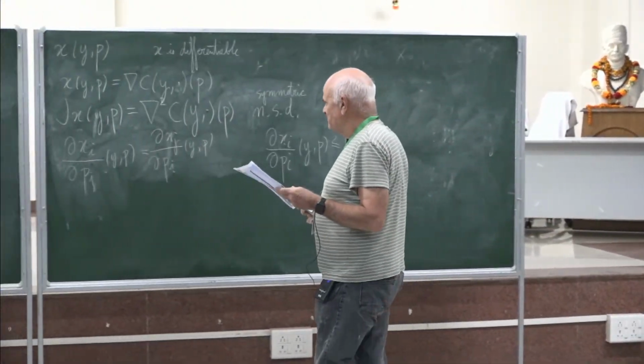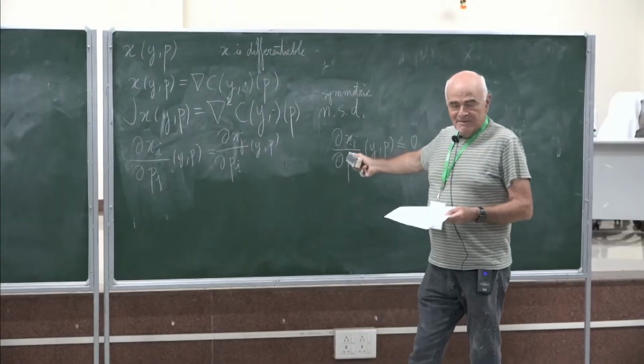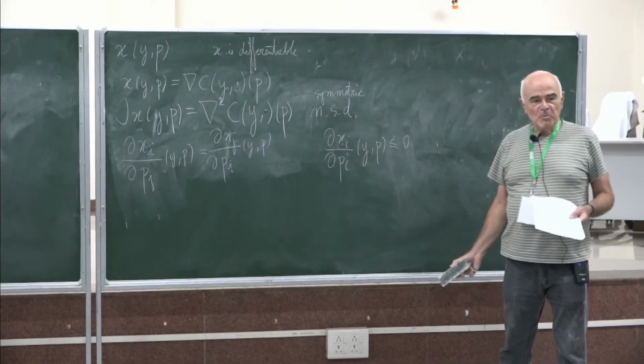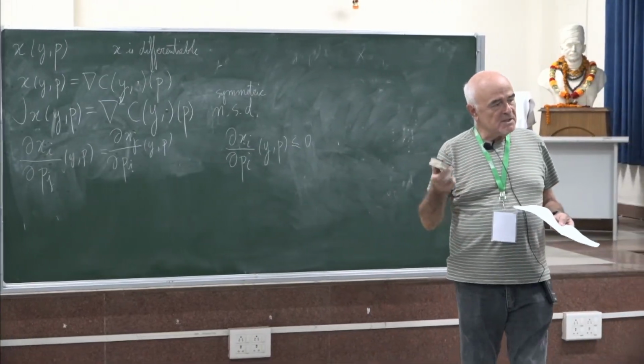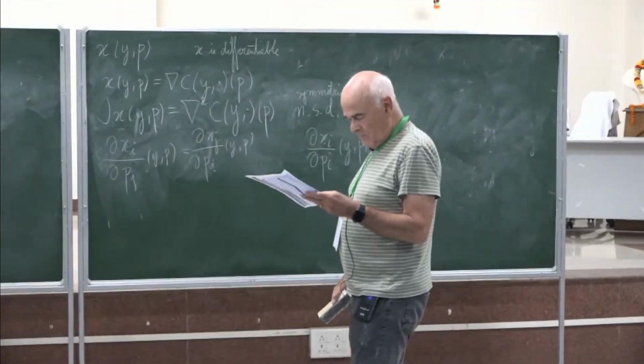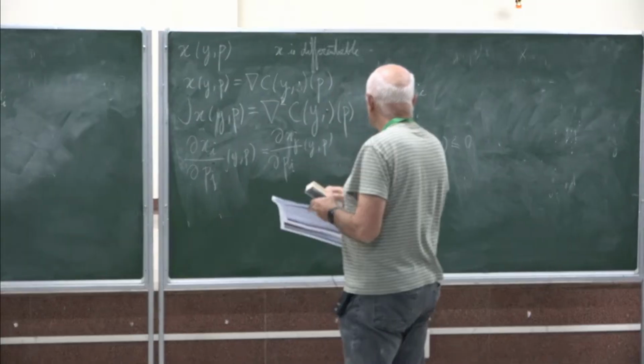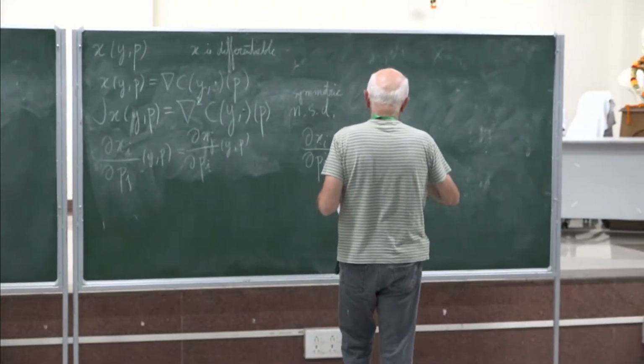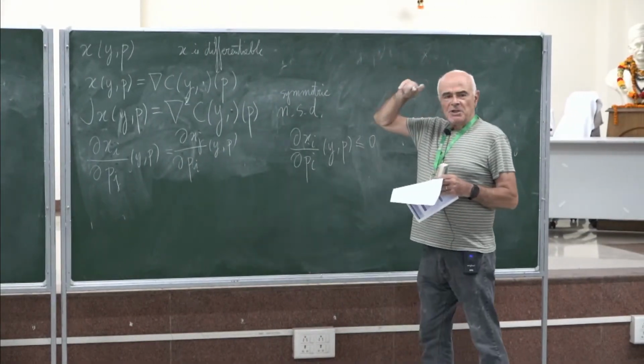Okay? But here, you are satisfied, no problem. The price of an input increases, then the demand for that input decreases. What else can we say? Let me use matrix notation for a moment.